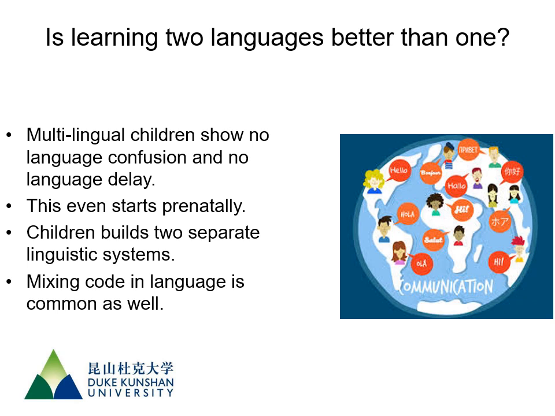Now it turns out that if these are two truly native languages for the children, they start to build two separate linguistic systems. And now you're probably thinking, is that really true? Because it seems that language mixing really also happens.